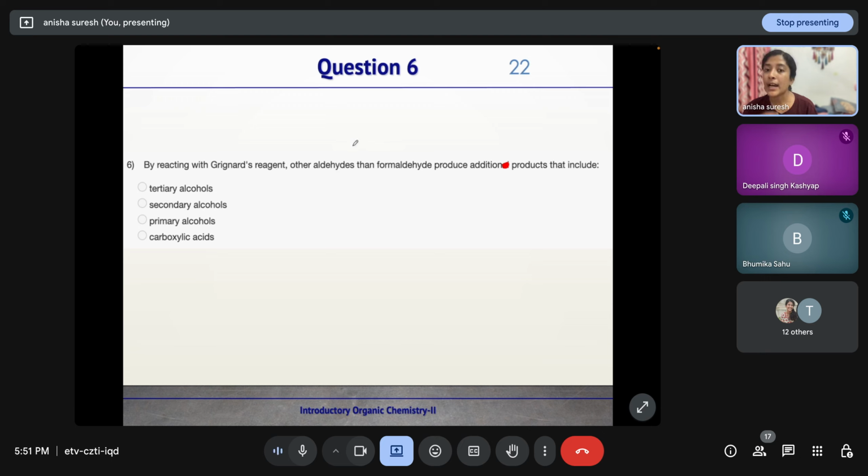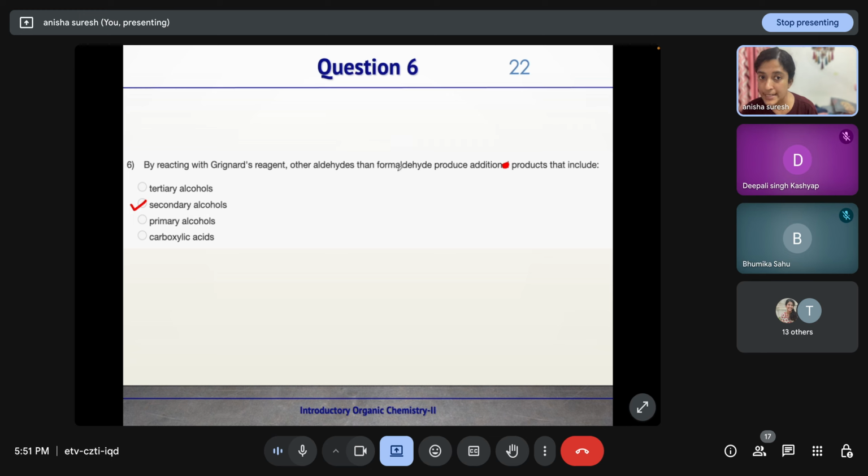What will be the addition product formed if Grignard's reagent is added to any of the aldehydes other than formaldehyde? Secondary alcohols will be the right answer.